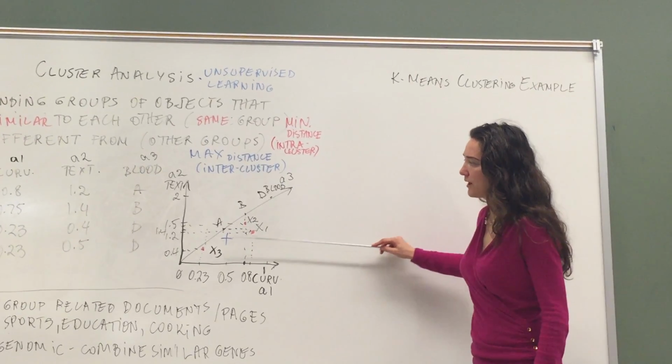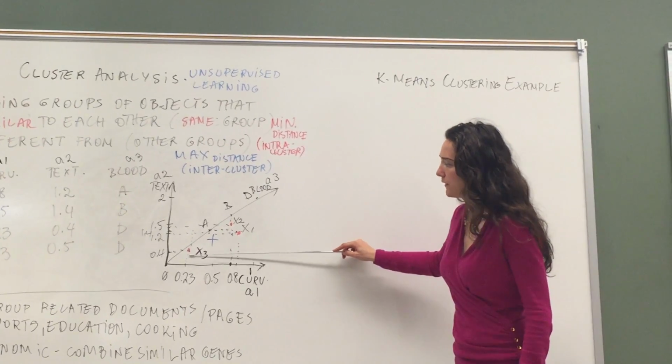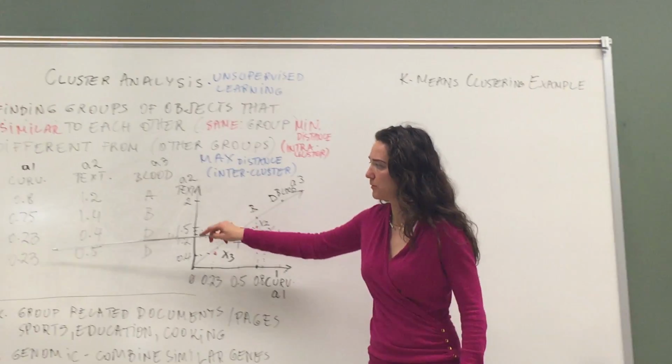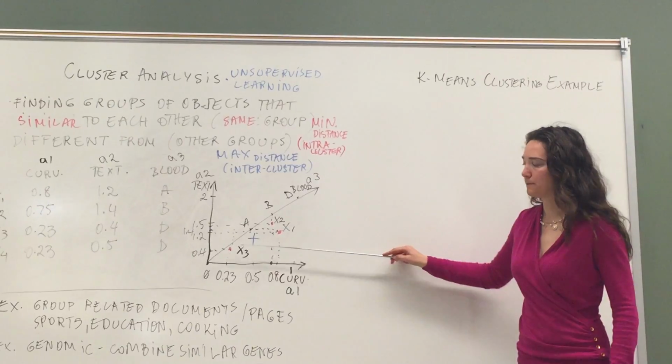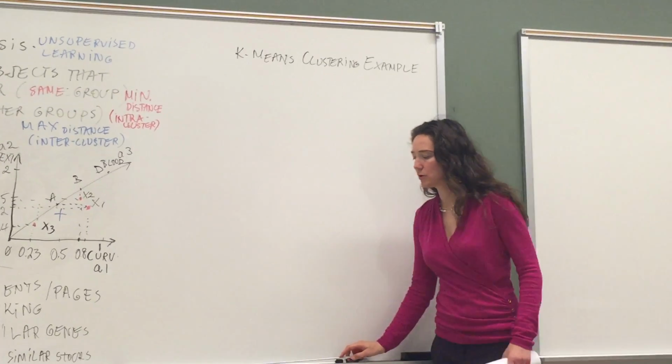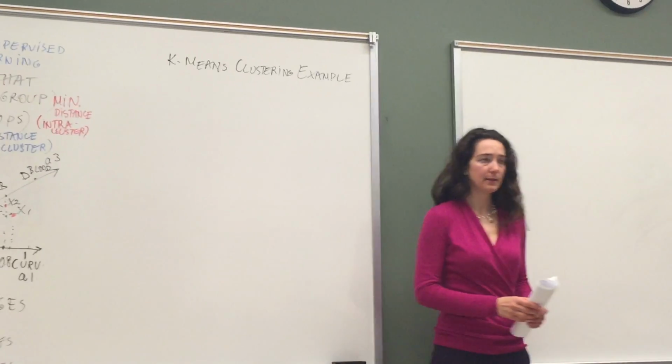So x2 is here, x3 is here. It has 0.23 for the first attribute, and 0.4 for the second attribute, and x is here. So all the points, we will plot them in space like that.